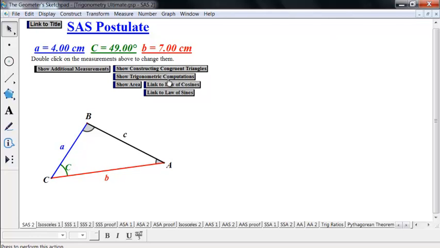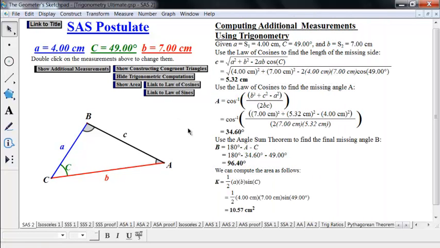If you click on this Show Trigonometric Computations button, it shows you step by step all of the trigonometry steps to solve the rest of the missing information in this triangle, and even shows you the area. And over here on the right, we have the actual calculations.